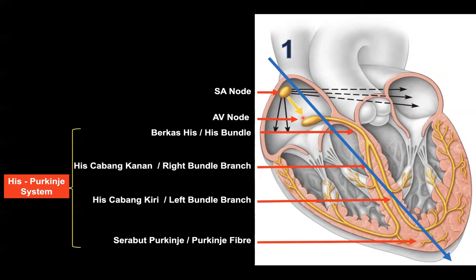Then the electricity will come to the AV node and be processed there. After that it will go along the His bundle and spread evenly again to the right ventricle and left ventricle, and then the Purkinje system. Actually, the main direction of the electricity is from the right upper side to the left lower side of our body. This will become the first clue.